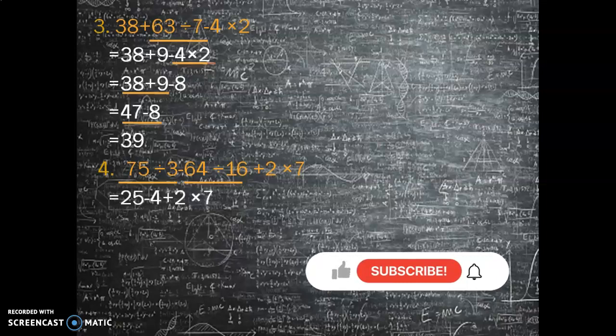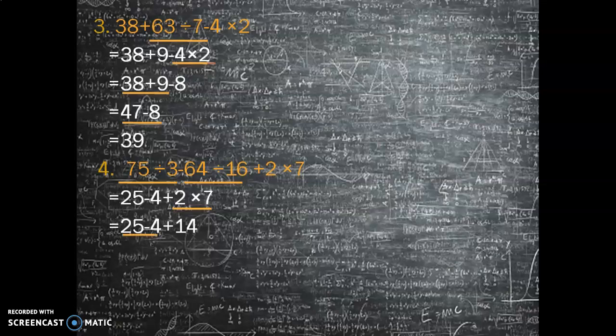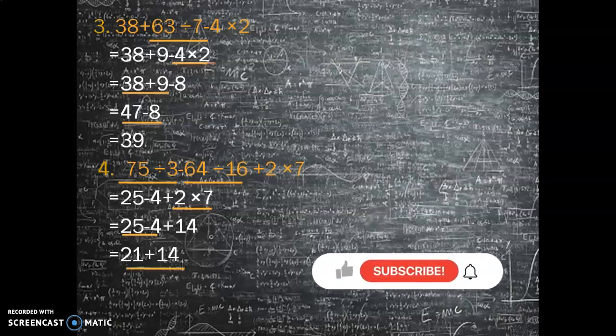We will get it as 25 minus 4 plus 2 into 7. Now the multiplication part. 25 minus 4 plus 14. Now whichever is first, that is addition and subtraction, whichever is first. 25 minus 4, we will get it as 21 plus 14 and we will get the answer as 35.